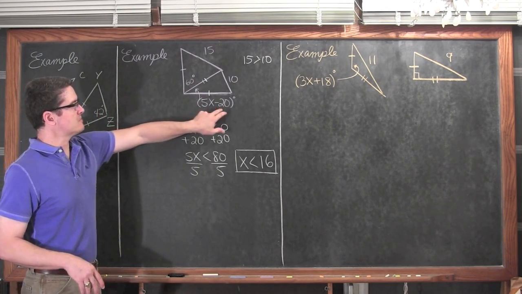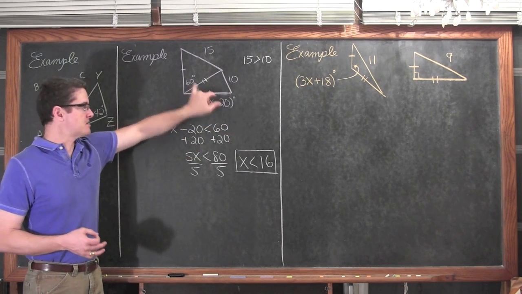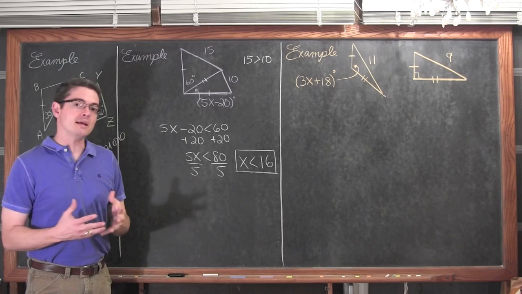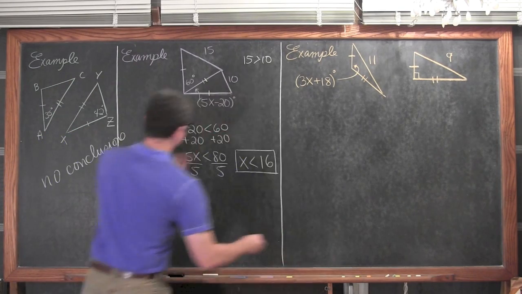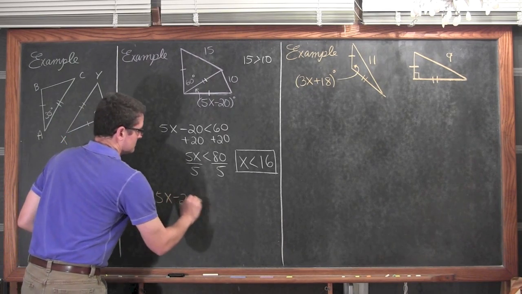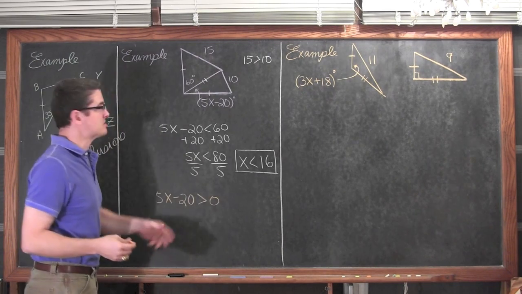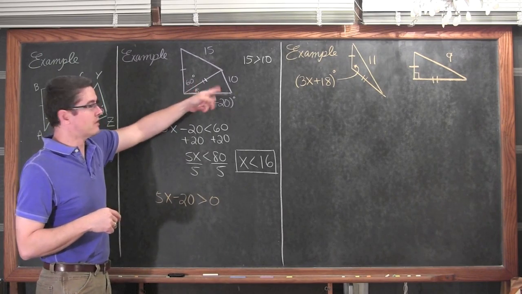So this 5x minus 20, not only does it have to stay less than 60 degrees, and so thus x must be less than 16, but 5x minus 20 also must be greater than 0, because if that angle measure is equal to 0, then you don't have a triangle.